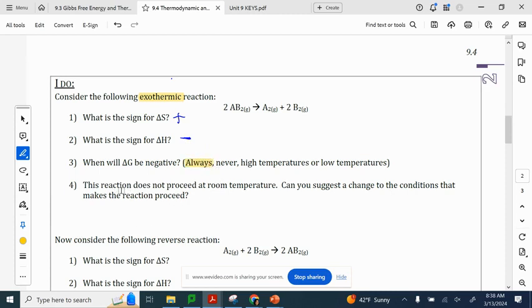This reaction does not proceed at room temp. Can you suggest a condition that will make this reaction proceed? Why doesn't it proceed, even though delta G is negative? What would we say? It's under kinetic control.